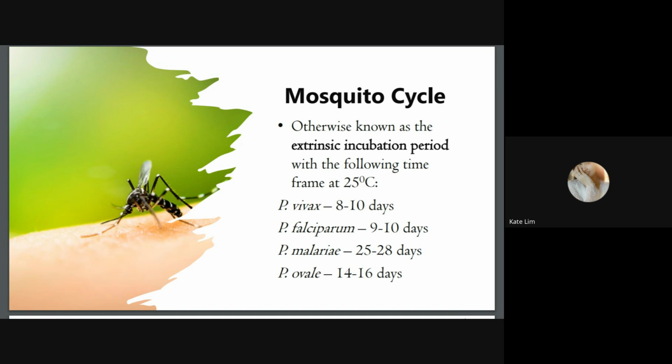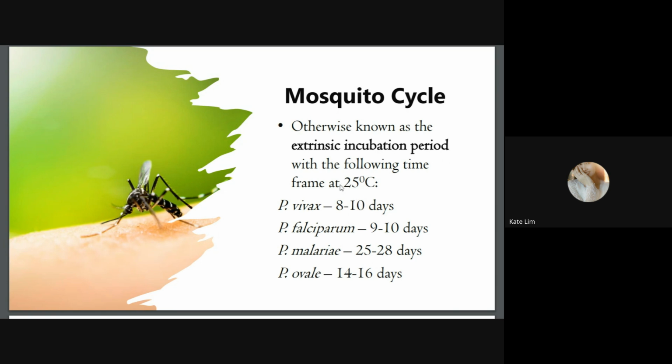Again, this process takes place in the mosquito, specifically in the midgut. If you remember our life cycle, in the midgut is where your Plasmodium parasite undergoes several stages of development.